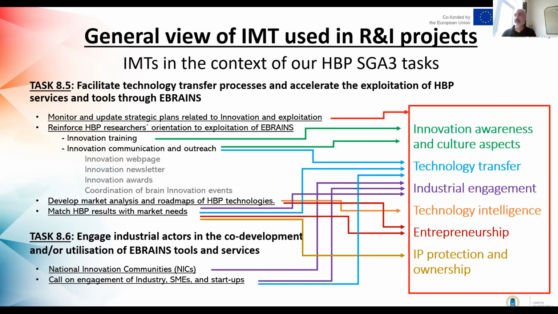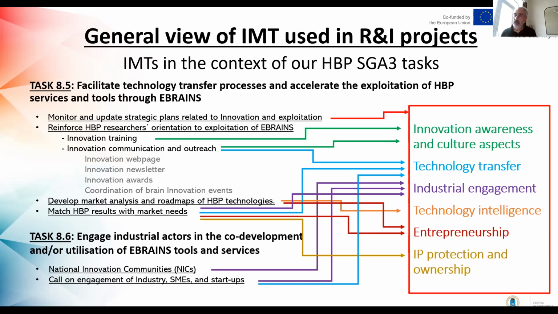The first one is the more strategic one. It's just the activity that we develop, trying to have clear exploitation plans from different groups, to create our own innovation management plan, to update any strategic plans around innovation, and monitor that through the 3 years of HEA3.